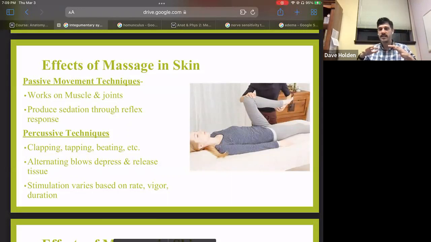It actually starts to feel kind of dead and kind of numb and very, very inhibited. So tapotement can be a stimulating stroke when it's done in the short term, but it can be a very sedating stroke when it's done for a longer term, talking on the order of several minutes.